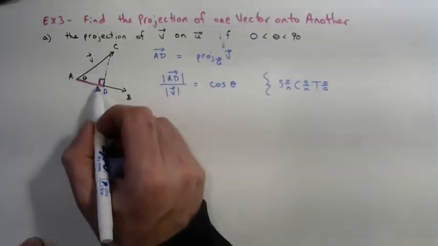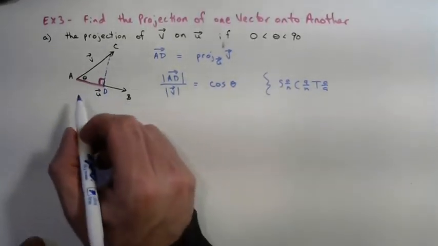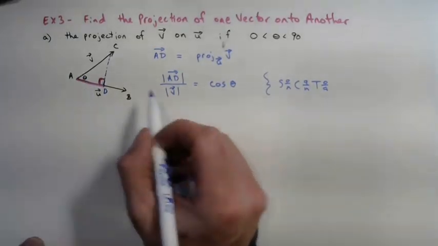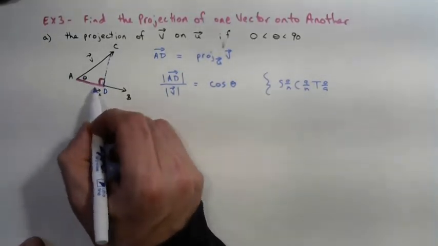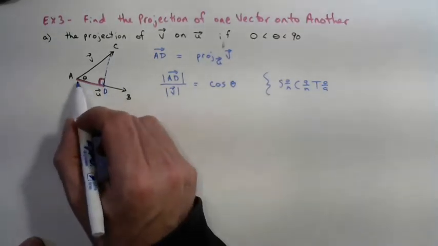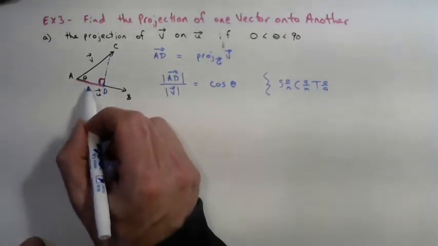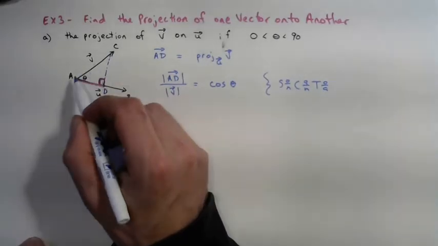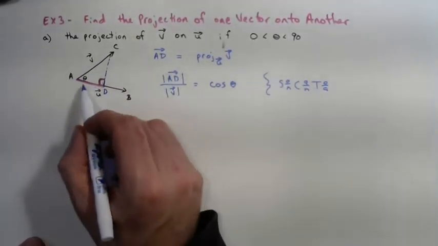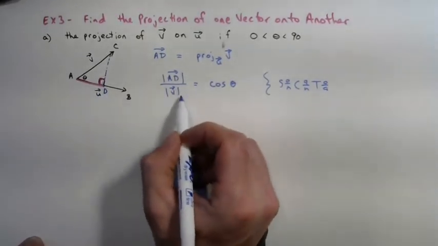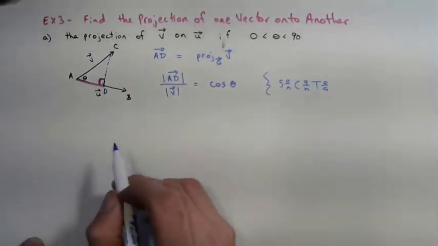We're in a right angle triangle, so I know that the cosine of angle theta is adjacent over hypotenuse. So adjacent is my projected vector V onto U, and the hypotenuse is the magnitude of vector V. So it's just AD, adjacent, over the magnitude of V, which is the hypotenuse.